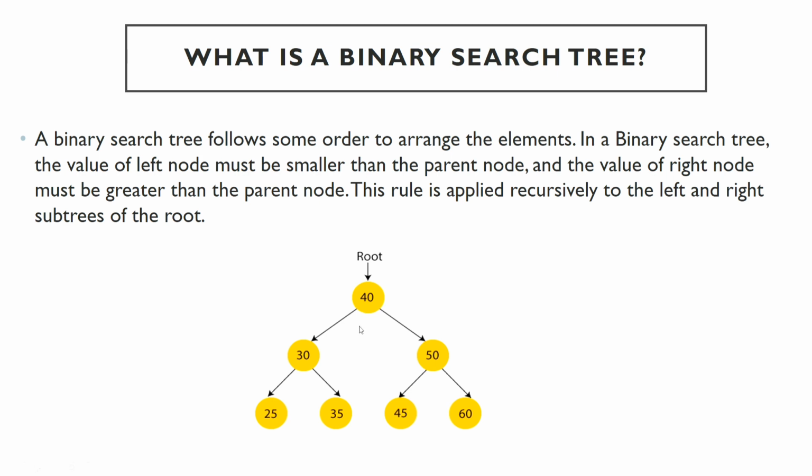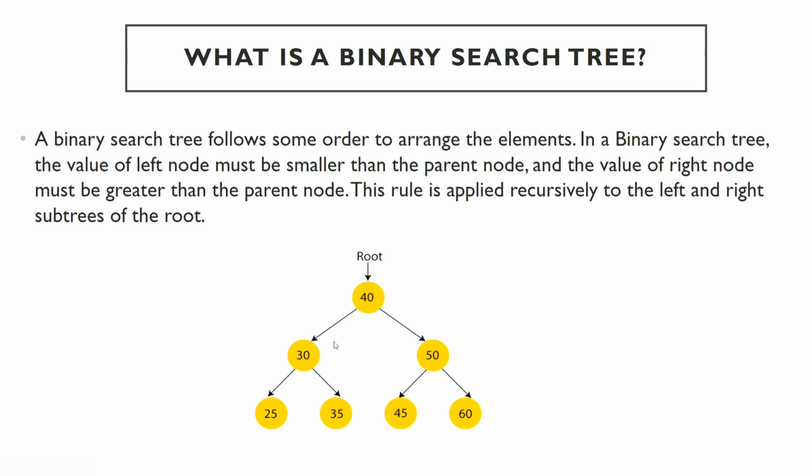As you can see, this is an example. In this figure we can observe that the root node is 40, and all the nodes of the left subtree are smaller than the root node, and all the nodes of the right subtree are greater than the root node.